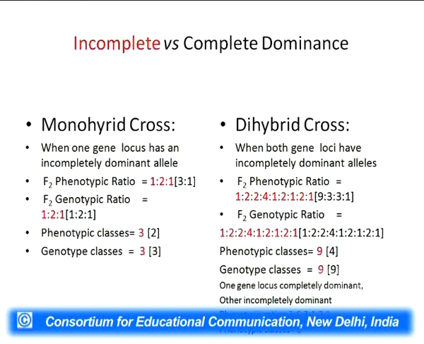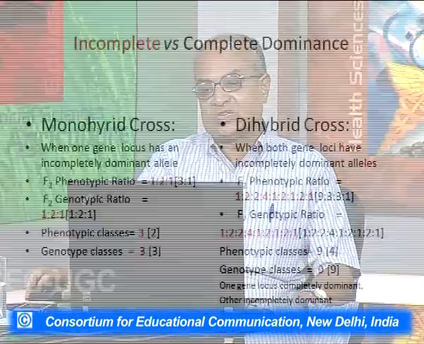For example, we have been talking about red, pink and white or ivory. So, there are 3 types of phenotypes. In case of Mendelian characters, it was either red or white. So, that means the number of phenotypic classes is 2. Genotypic classes are 3 apiece for the incomplete dominance as well as for the complete dominance.